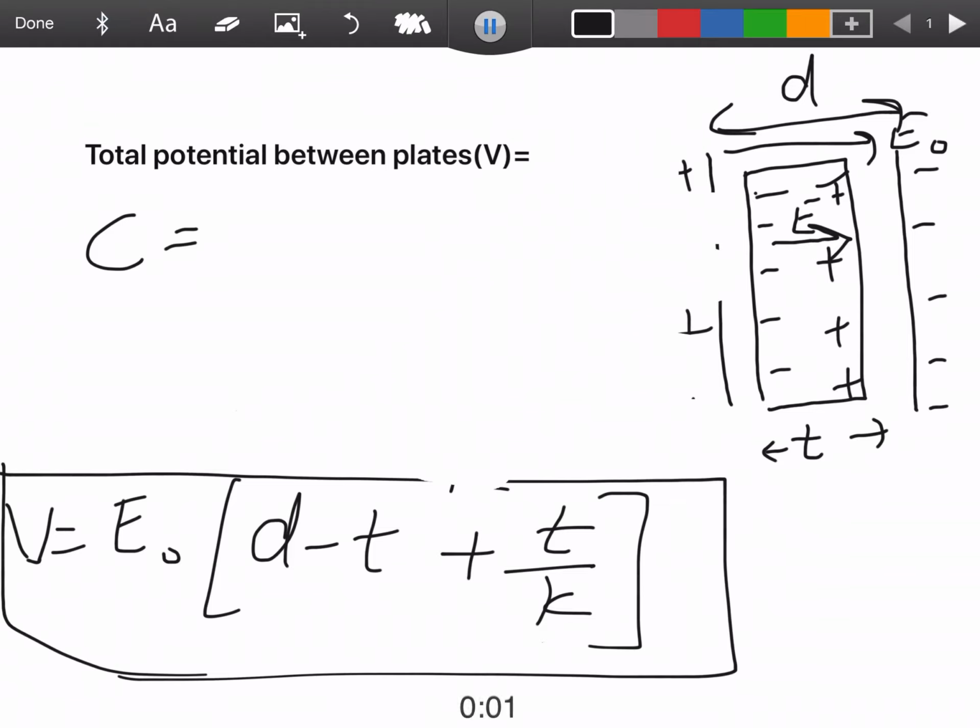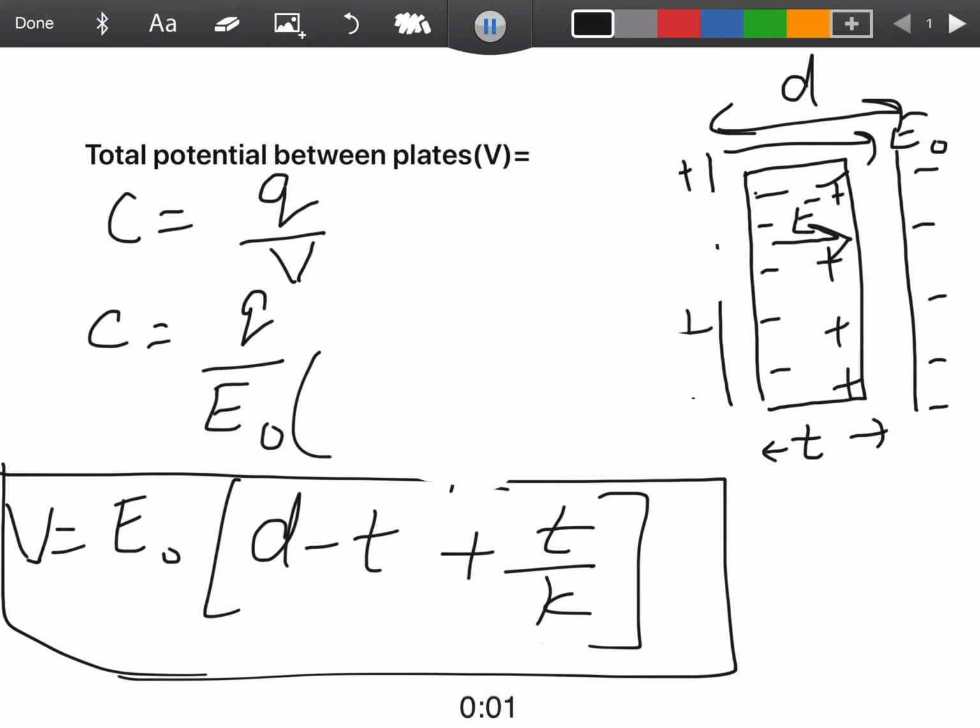So we will be writing it as C is equal to Q over electric potential. We know Q is equal to CV is the popular formula. So C is equal to Q over V. Now what is V? V is E naught times D minus T plus T by K. So this is the value of capacitance.